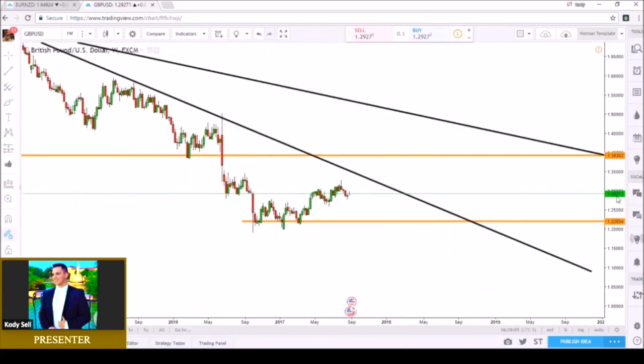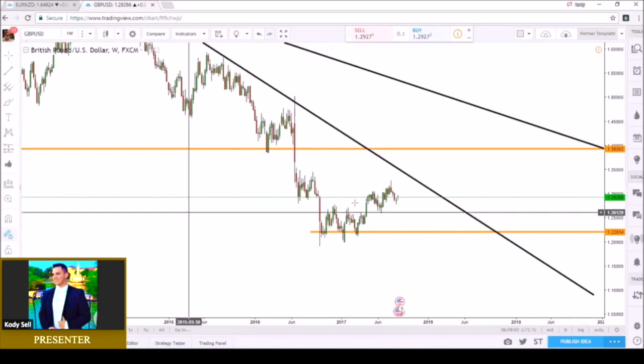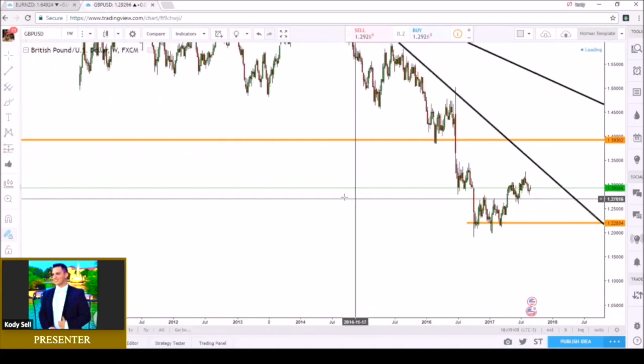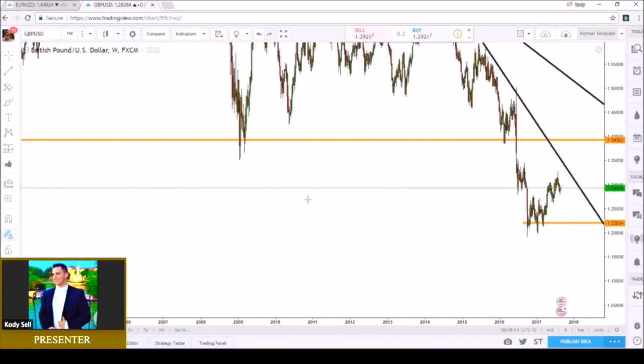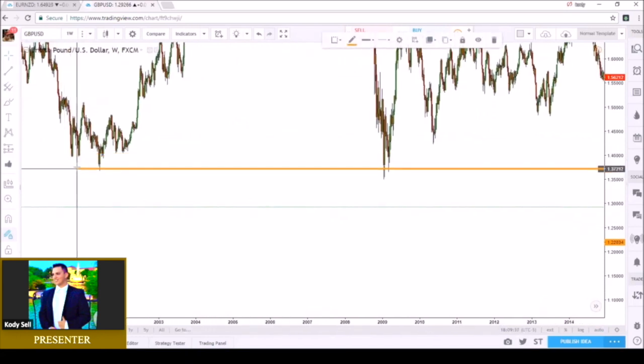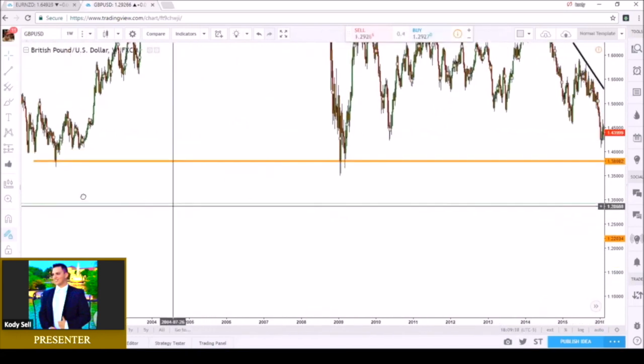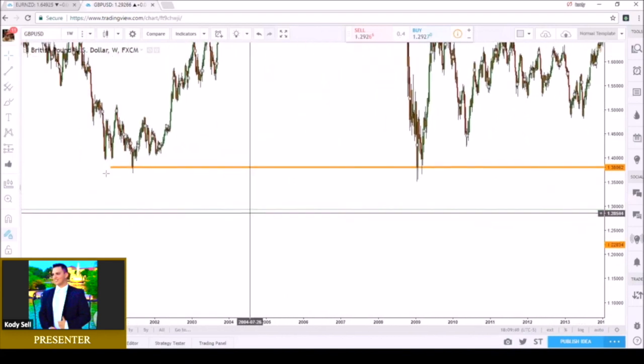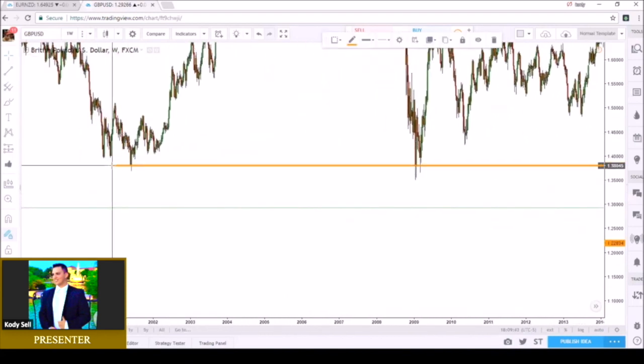All right, so I'm down here on the weekly. Let me make sure that I'm happy with the way my monthly levels are drawn. Okay, I like my monthly level right about here in this area. I'm going to raise it a little bit.